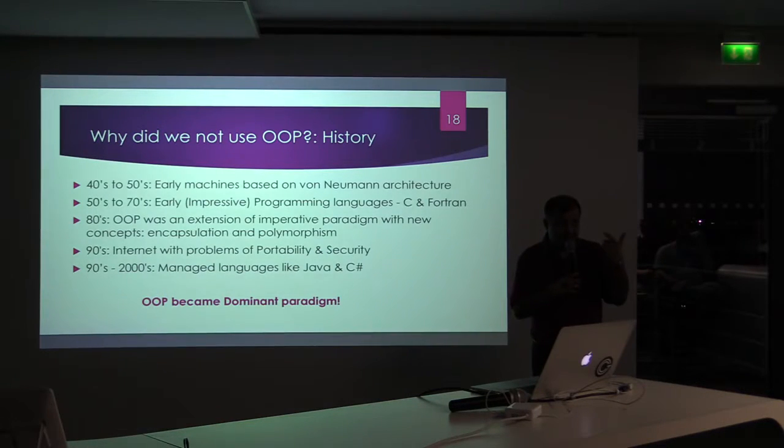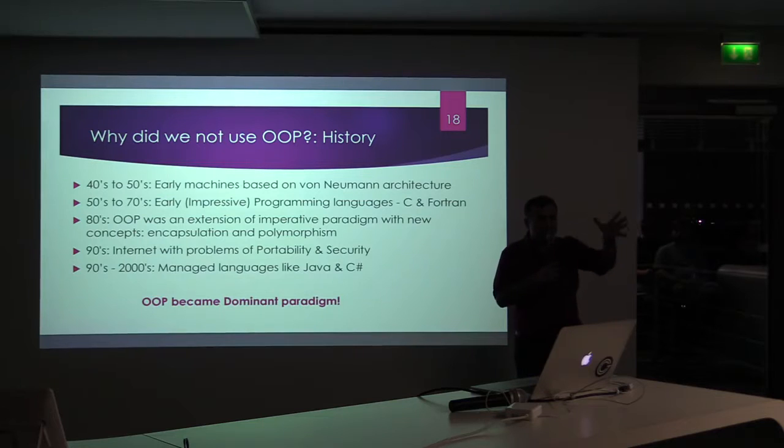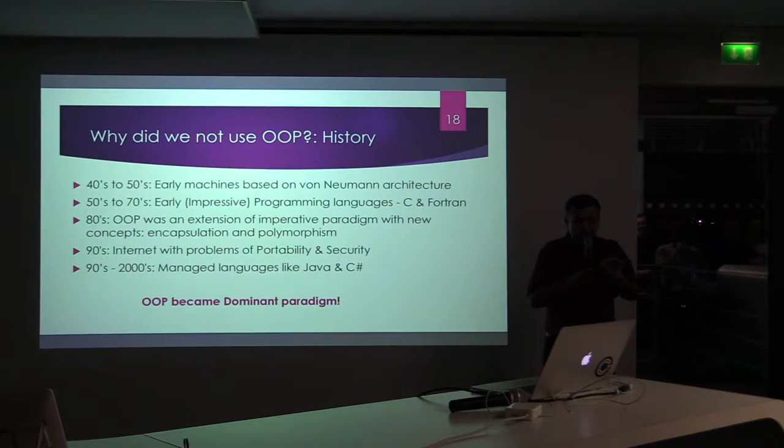But essentially, object-oriented programming is built on imperative languages, and there are two important concepts: encapsulation and polymorphism. Encapsulation, because you have a class with private and public parts, and you can manipulate the public part, but the private part is hidden from the rest of the code other than the class. The second concept is inheritance.